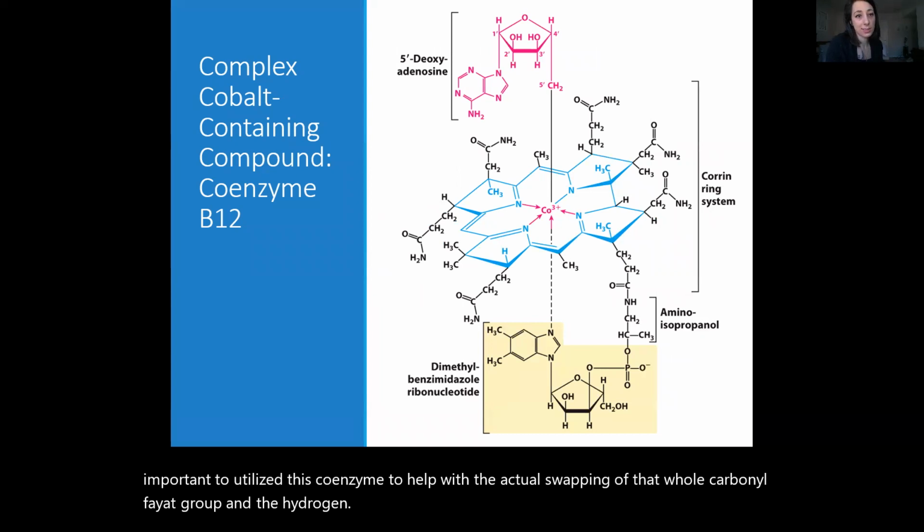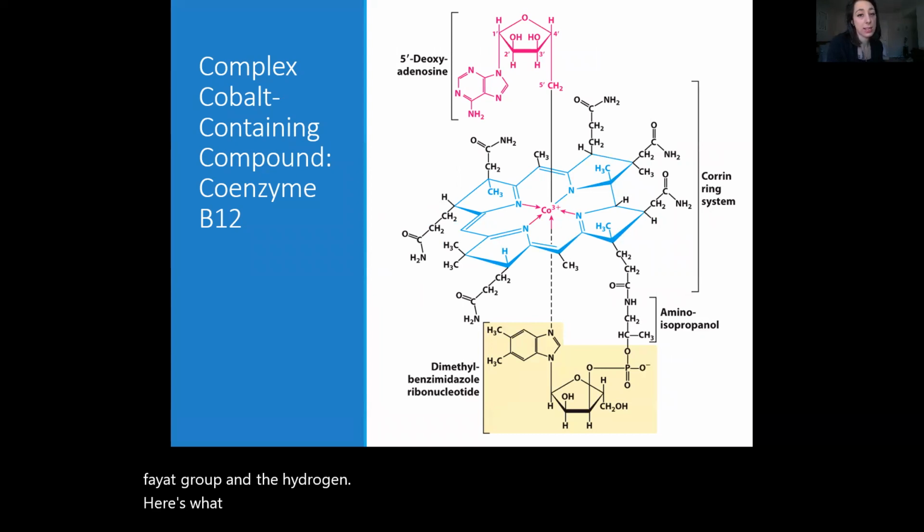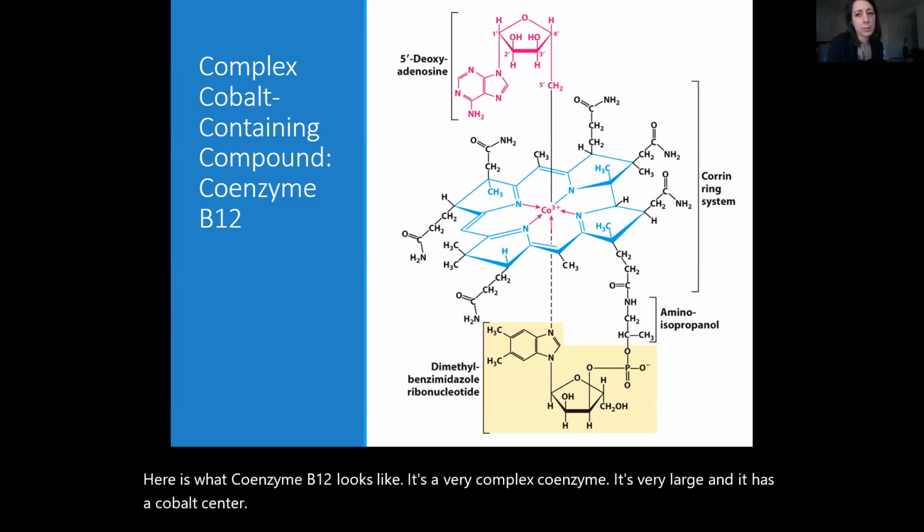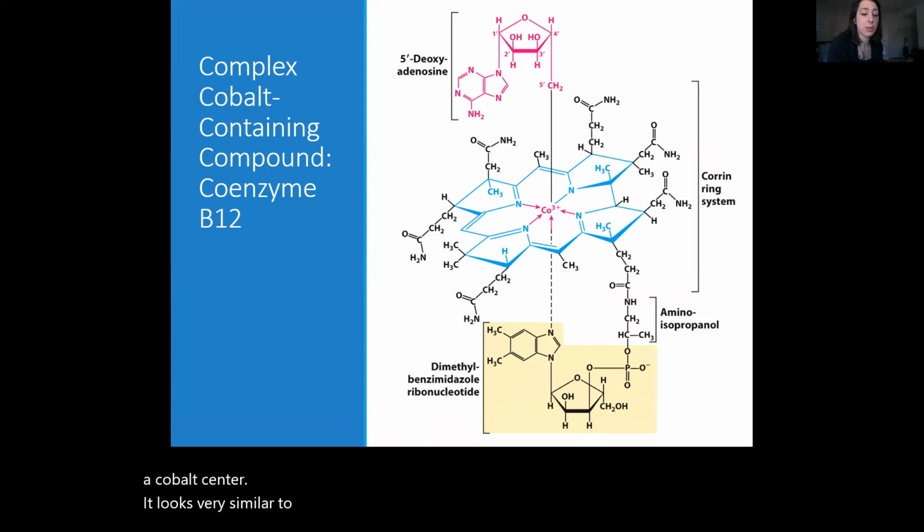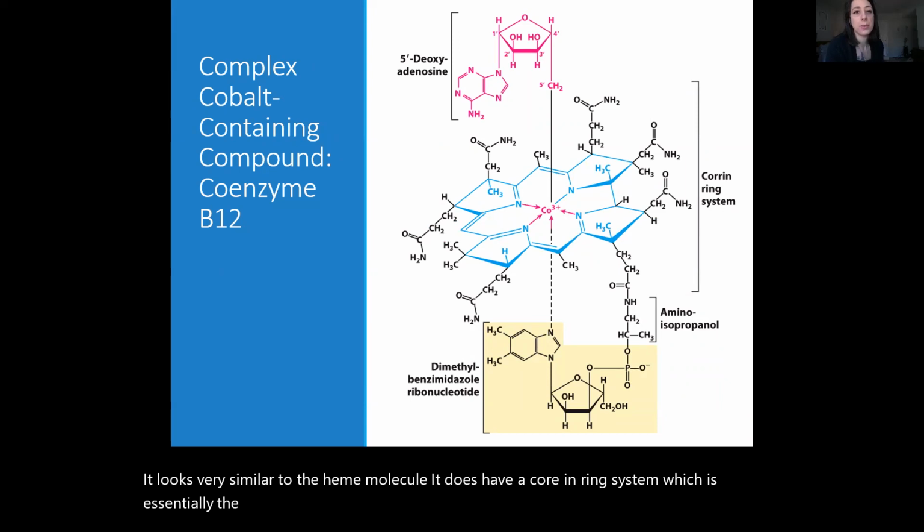Here's what coenzyme B12 looks like. It's a very complex coenzyme. It's very large, and it has a cobalt center. It looks very similar to the heme molecule. It does have a corrin ring system, which is essentially the same backbone of what you see with heme.